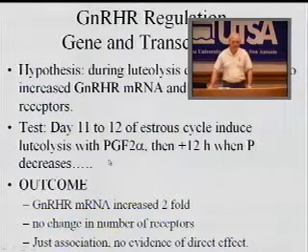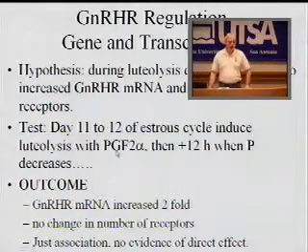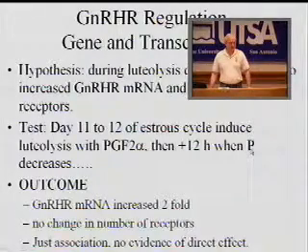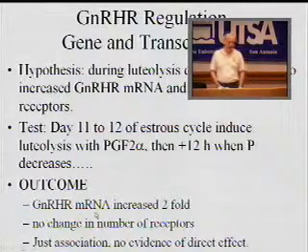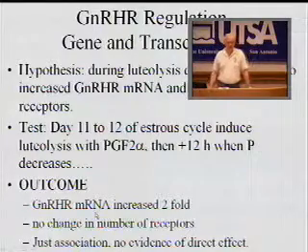This hormone, when it's given exogenously, will trigger the apoptosis and luteolysis. So within about 12 hours, there's a significant reduction of the progesterone, and of course the outcome is that when you measure the messenger RNA in the anterior pituitary for the GnRH receptor, it will have increased about twofold.